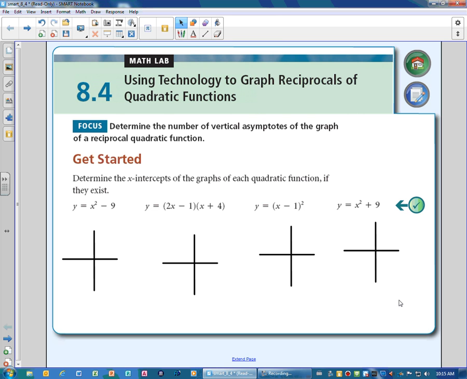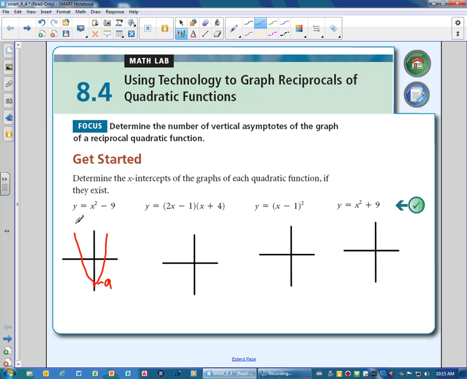Okay, there we go. So the first equation, y equals x squared minus 9, would have a y-intercept at negative 9. So you could sketch that. It's positive, so it would look something like that.